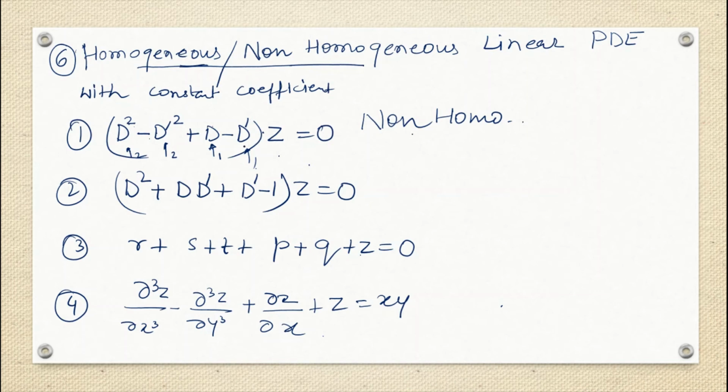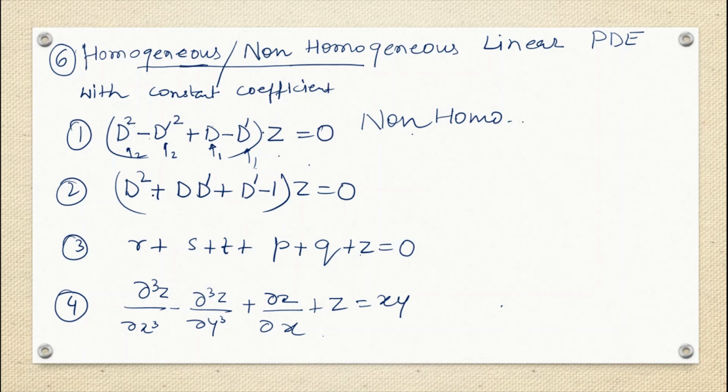Now if we see the second equation, here we'll say this is D squared, fine. So first thing is it should satisfy the remaining condition: it should be linear PDE with constant coefficient. Then only we are going to check whether this is homogeneous or non-homogeneous, okay. We come to know that all those four equations are linear PDE with constant coefficient.